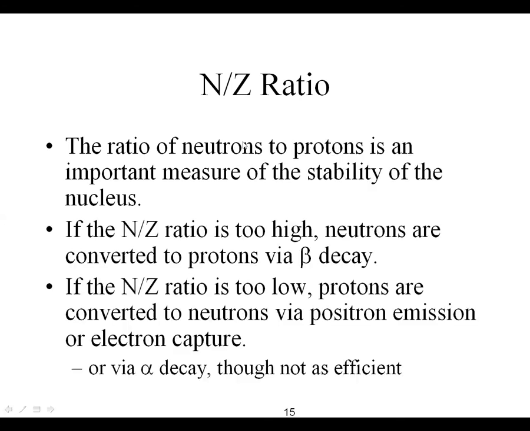And one very common way that we look at stability is we look at what is sometimes referred to as the N to Z ratio, N being the number of neutrons, Z being the protons or the atomic numbers.